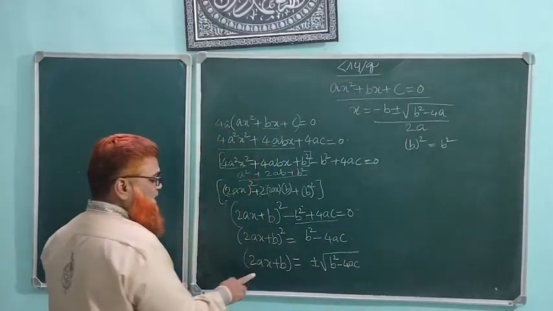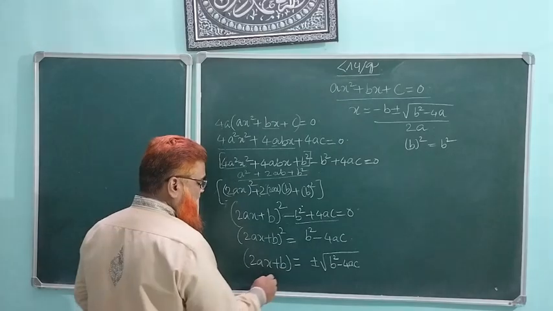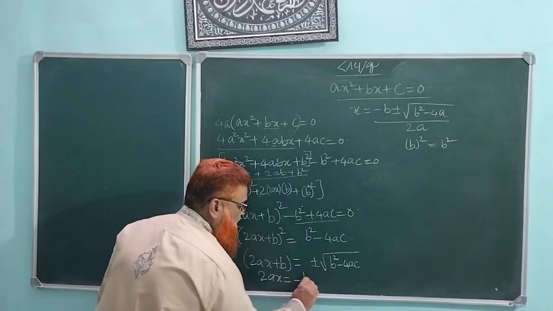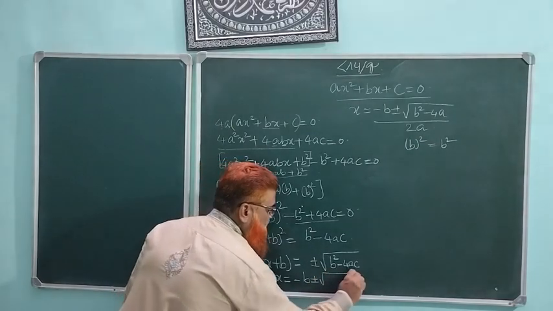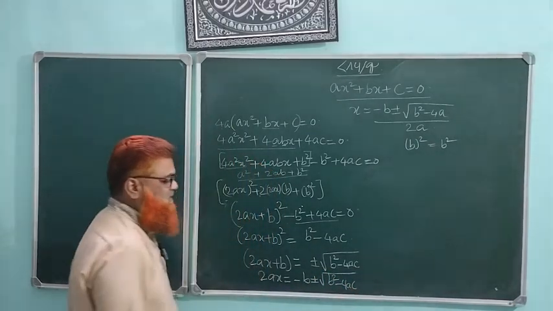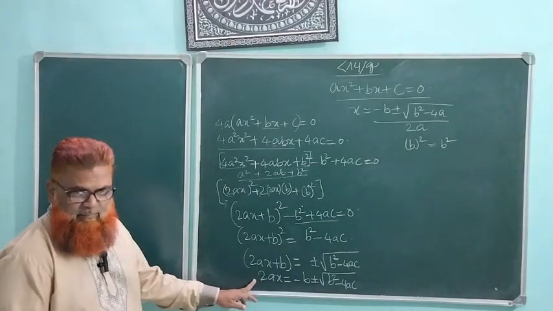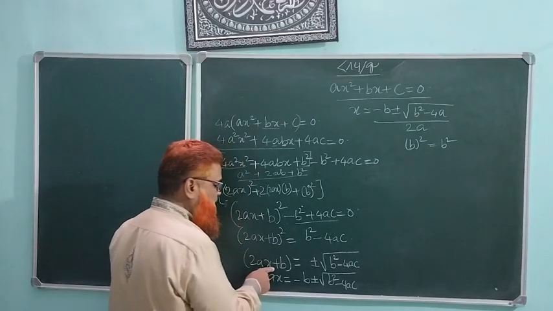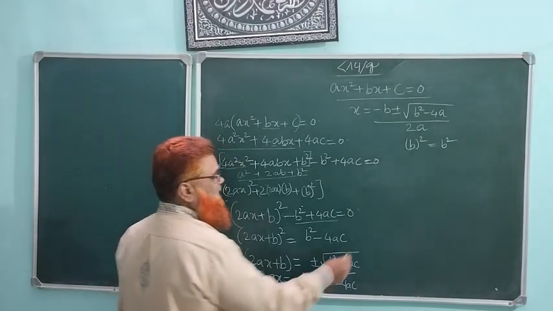Alright. Now we want 2ax is equal to minus b plus or minus square root of b square minus 4ac. 2ax is kept on the left side and b is shifted to the right side, becoming minus b.